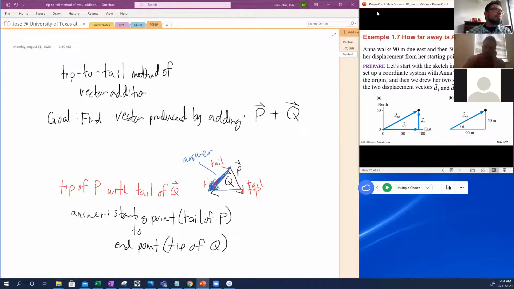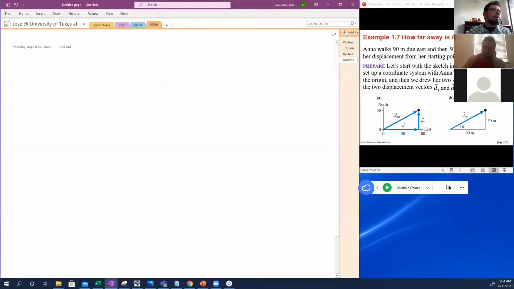And so in this problem, they're telling you directions east and north of some place, and that place is her starting point. So let's write down the information here. Anna walks 90 meters east.